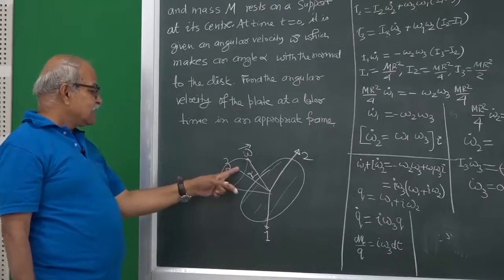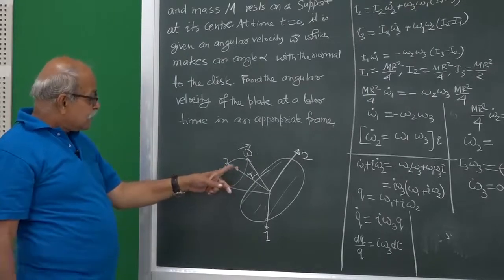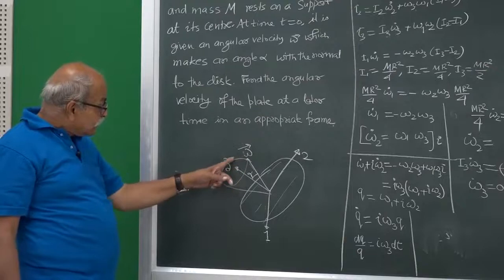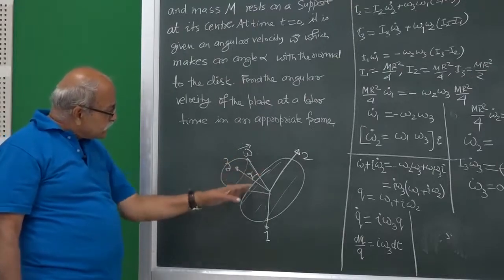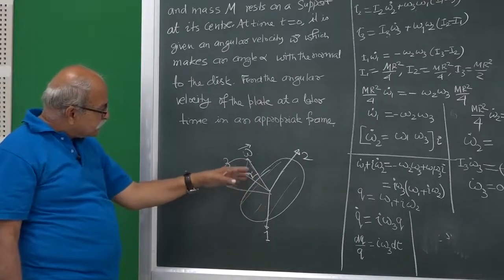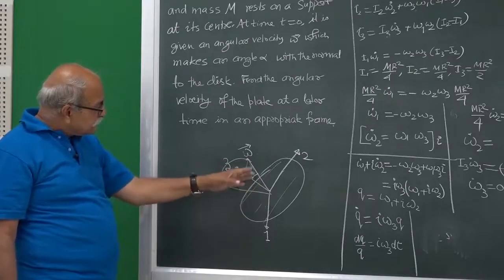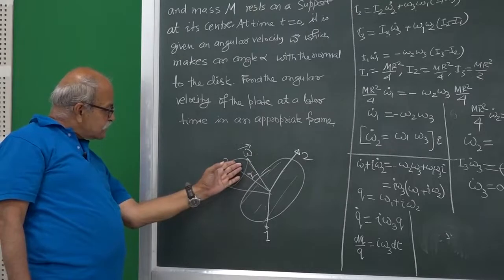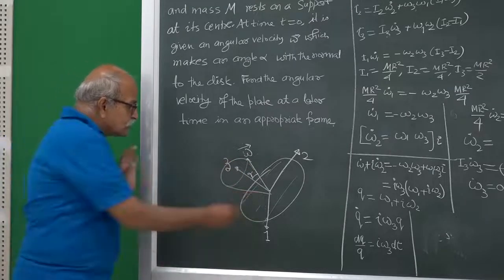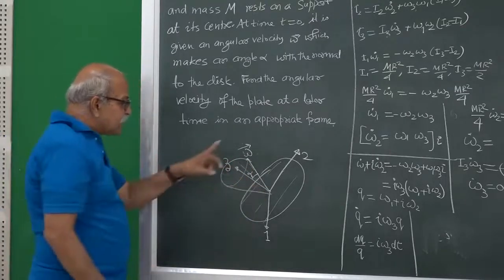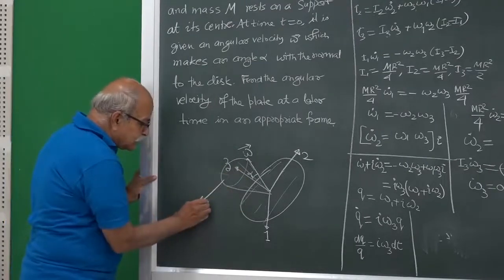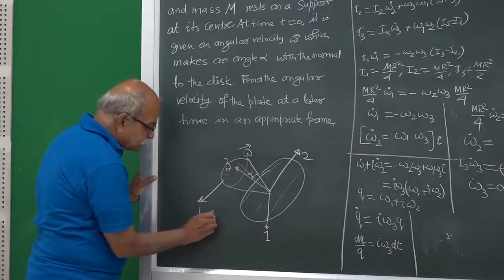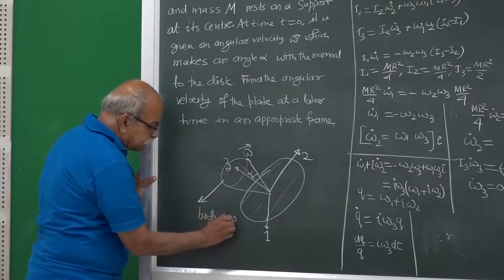So, this 3 axis is fixed in our body, and in that frame this omega has to move this way, the axis of rotation has to change this way. The body is rotating about this, then about this, then about this. So, these vectors are changing with time, and this cone is known as the body cone.